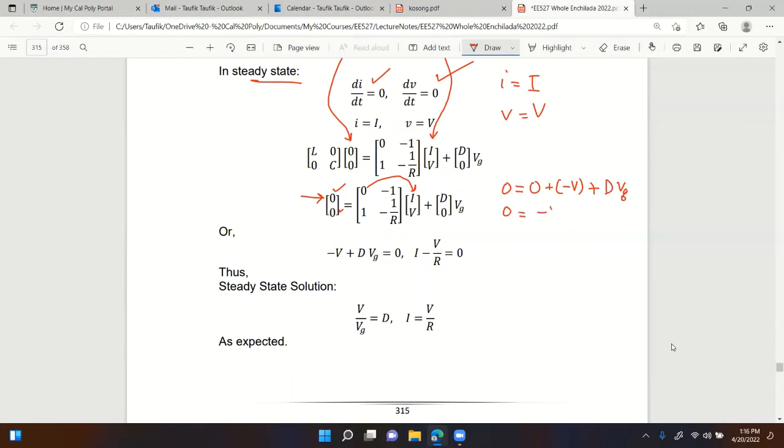So that's 0 equals minus V plus dVg. So from here I get V, which is our output, by the way. Remember V is our VC, and VC is the same as output, is equal to D times Vg, steady state. Is that what we expected from a buck converter? Steady state, yes or no?